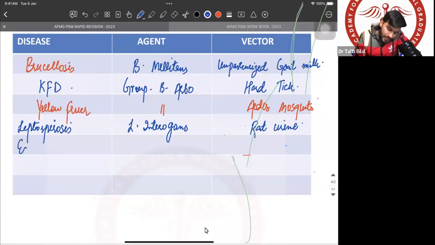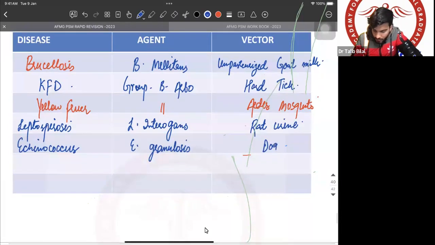If I talk about echinococcus, the agent is Echinococcus granulosus. The vector is dog. Echinococcus granulosus causes hydatid cyst having a water lily sign on USG. The classification for that is Gharbi's classification.